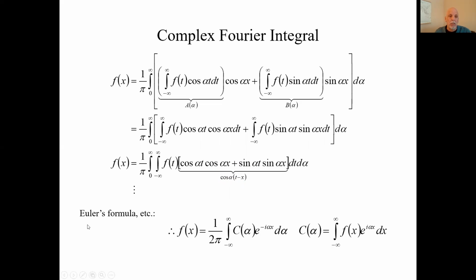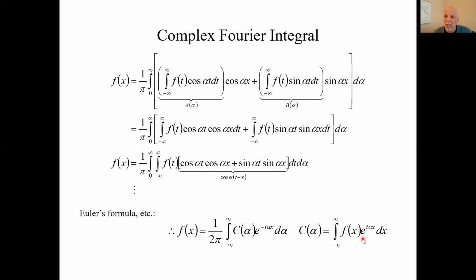If you keep going and using Euler's formula, just keep manipulating this, you'll end up with this. It says this f of x equals this thing in terms of exponentials instead of cosine and sine by using Euler's formula. And the coefficients in here, here's the formula for those.